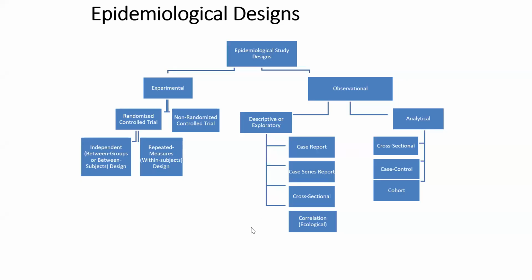Please, I just want you to explain correlational and ecological studies again. Okay, it's the same thing. Correlational or ecological studies look at population groups. For example, you're looking at the prevalence of accidents in Nigeria compared with the United States.